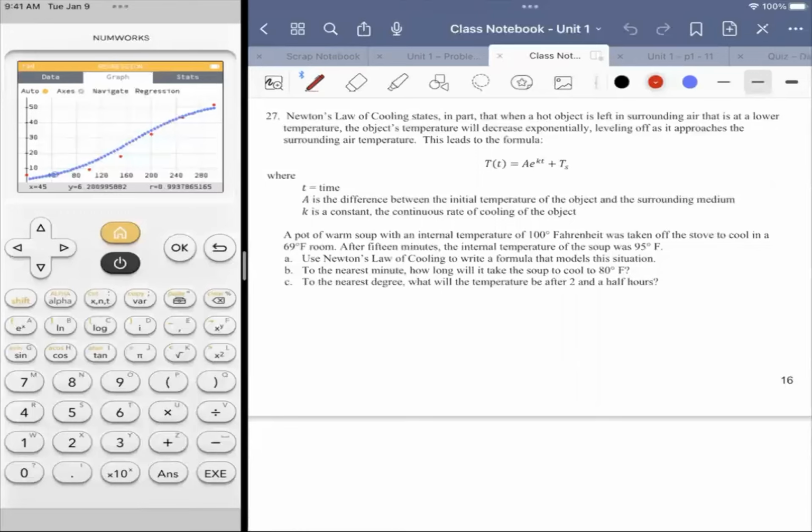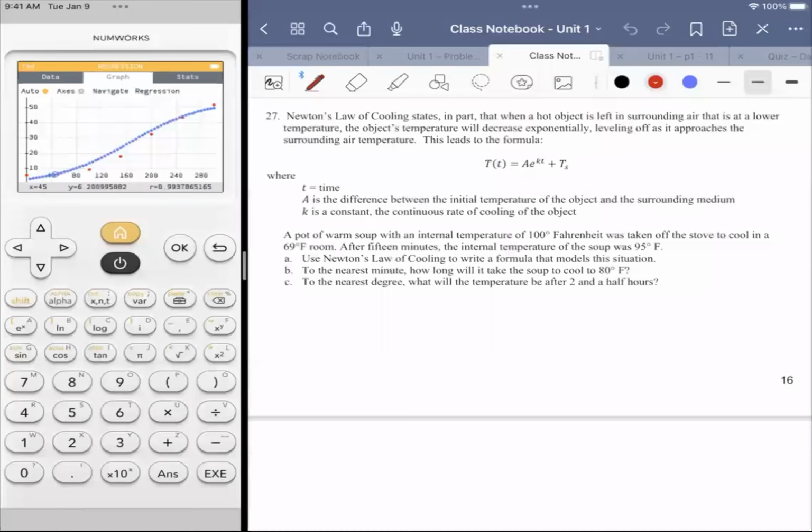So if I take a cold piece of chicken and put it in an oven that's set to 200 degrees, eventually that piece of chicken is going to have a temperature of 200 degrees. It'll never go to a higher temperature than the surrounding medium, right? Same idea for cooling.